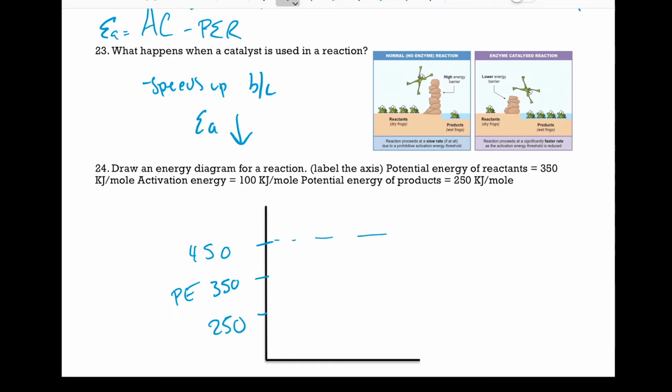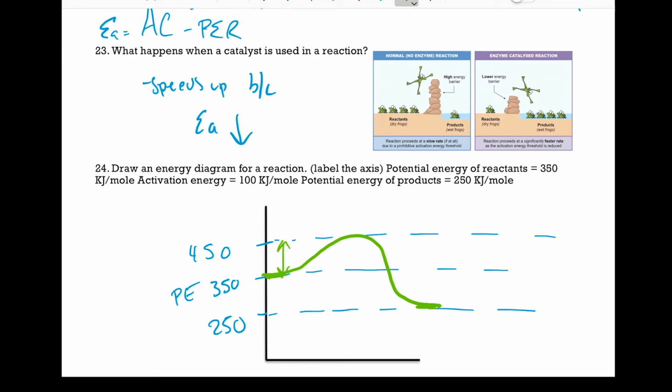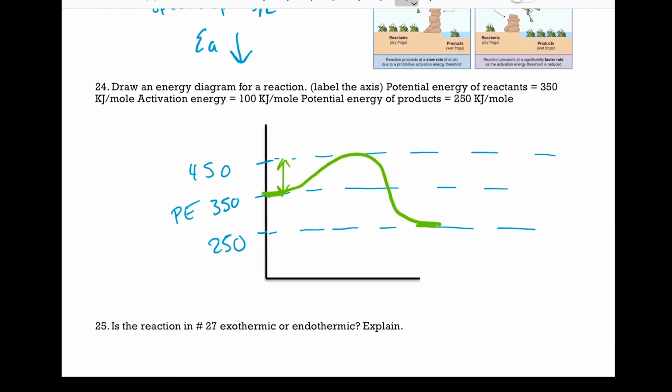So that's our max. Here's where we start. Here's where we end. So your graph should look something kind of like that, where we start at 350, we're ending at 250, and then the peak from where you start is 100 kilojoules. That's your activation energy. And again, this would be going to 25.